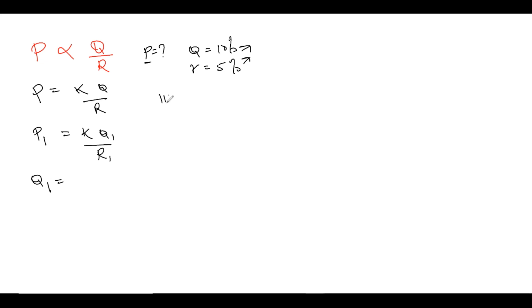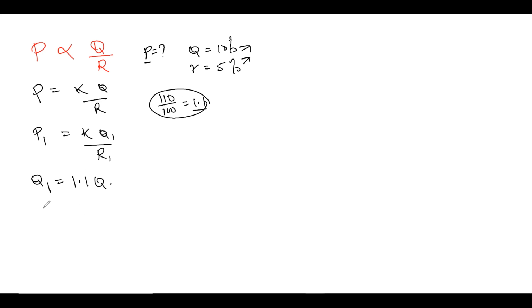But this 110 is percent. So it is 110 over 100, which is the same as 1.1. But this 1.1 is a change of something. So when you write Q1, you say Q1 in relation to the original Q is the same as 1.1 of Q.